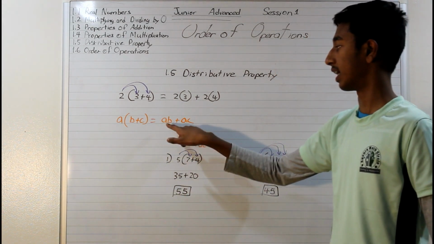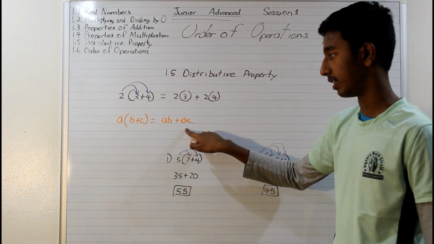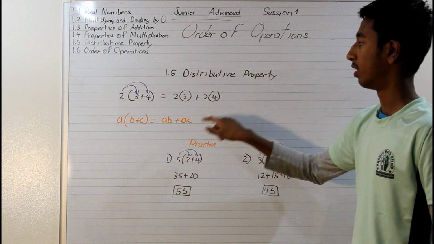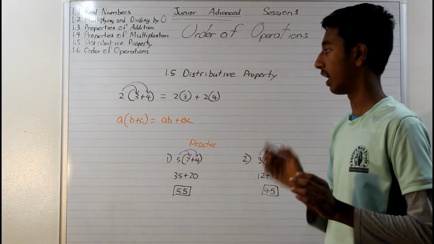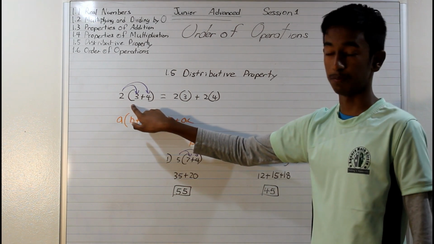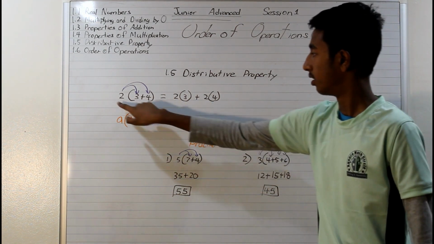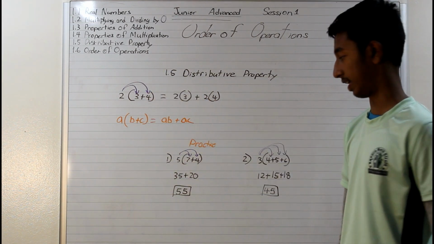Therefore, it becoming a times b plus a times c. Now we see this in real application up here. We have 2 times the quantity, and by that times the quantity I mean the numbers inside the parentheses. 2 times 3, written here, 2 times 4, written here. And with this, we can find the answer.